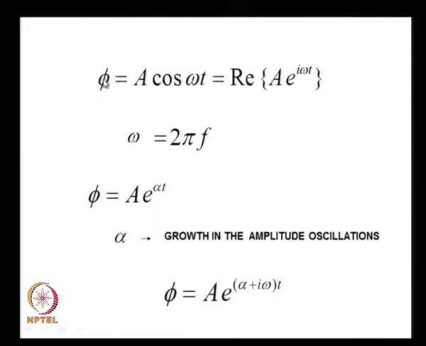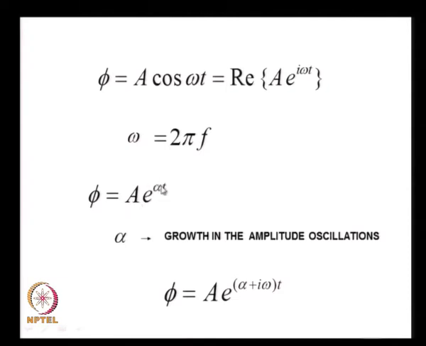Well, I assume a form phi as equal to a cos omega t, which is the real part of a into e to the power i omega t, and I know omega is equal to 2 pi times frequency, and therefore if I say the oscillations grow with time, well, phi is equal to the real part of a e to the power alpha t.